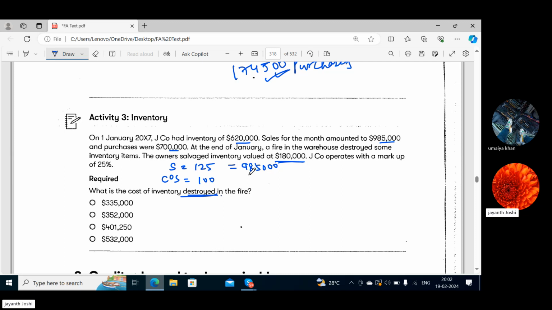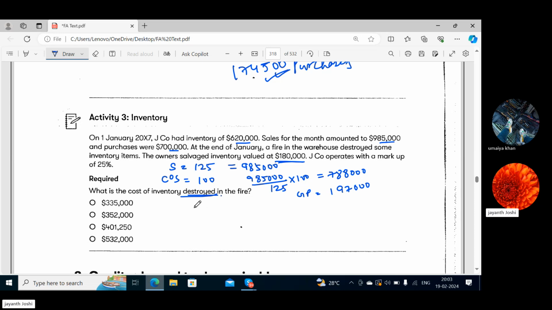First of all, we'll find cost of sales. 985,000 divided by 125 into 100 is 788,000. We found cost of sales. Now we can find gross profit also, the difference, sales minus cost of sales, that is 197,000.